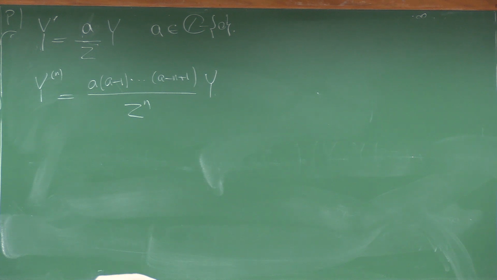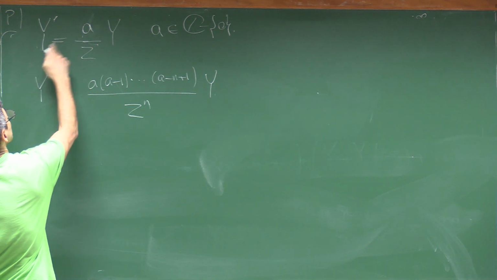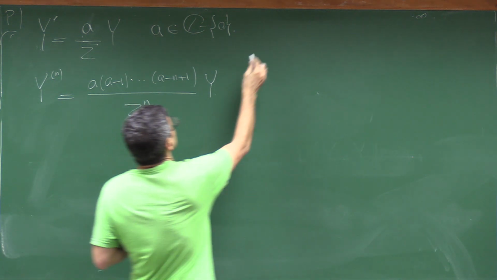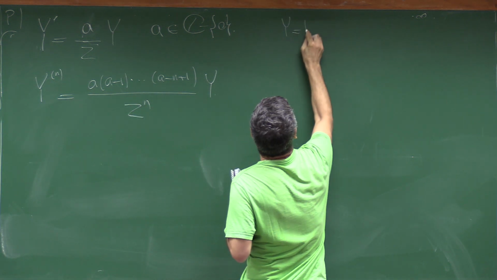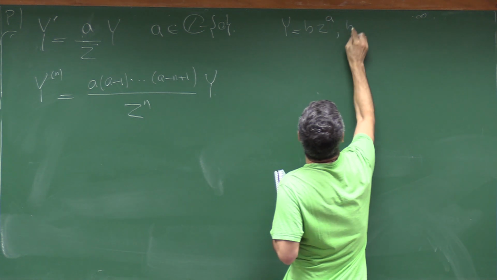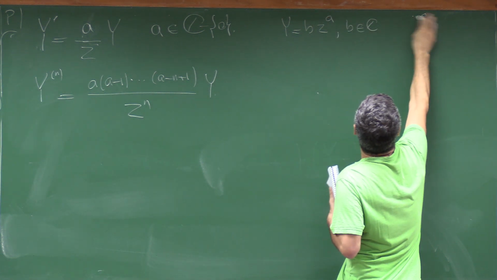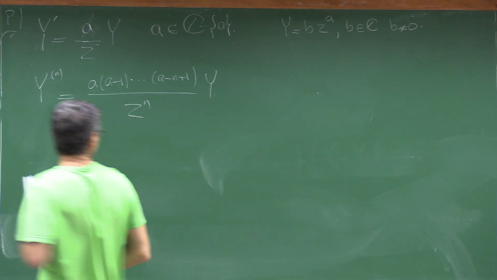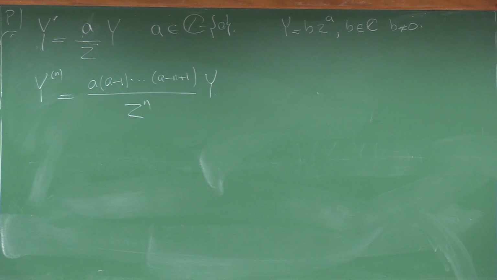This is just one function, with one complex number here, and y must be of the type b z^a, with b a complex number not equal to 0. So b z^a satisfies this differential equation.